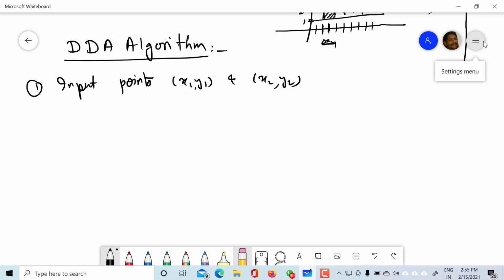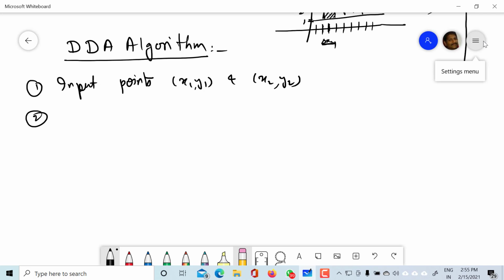Okay. So these are all basic concepts that you have studied up to intermediate. So the input points x1 y1 are received. What will be the second step? You have to calculate delta x and delta y, because on the basis of that delta x and delta y, you have to calculate the next delta y and next delta x.